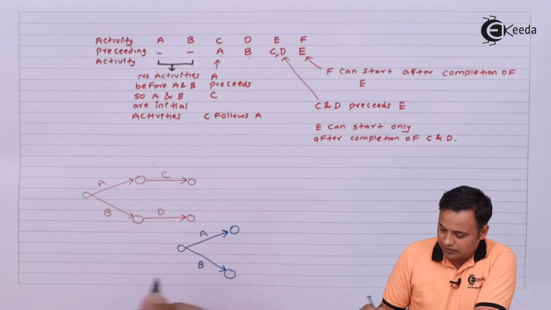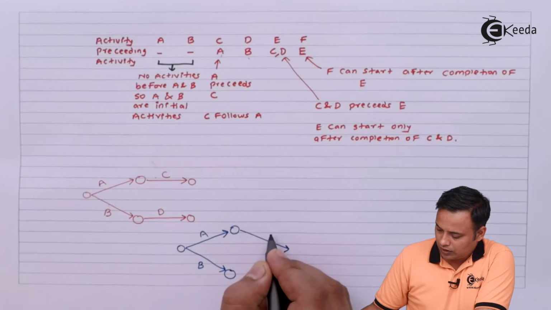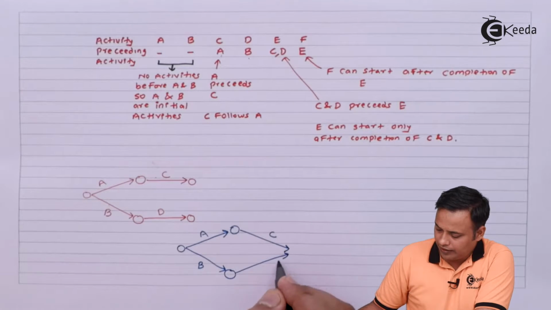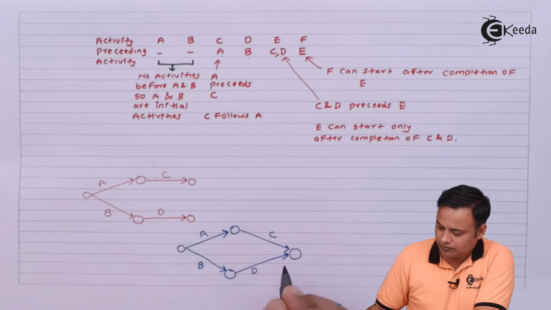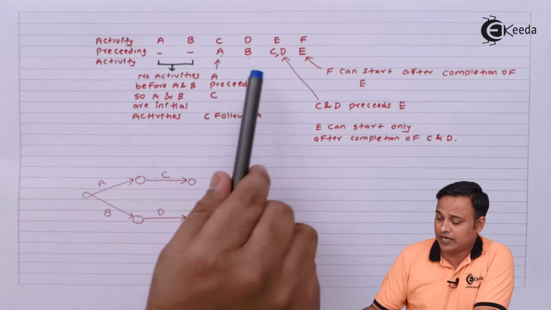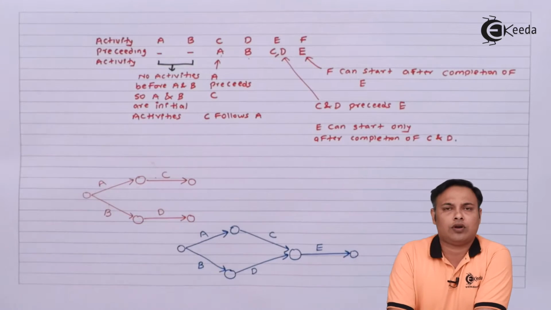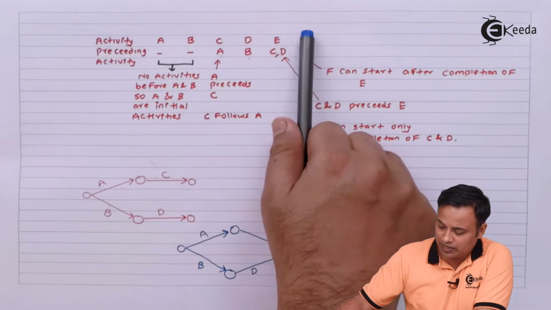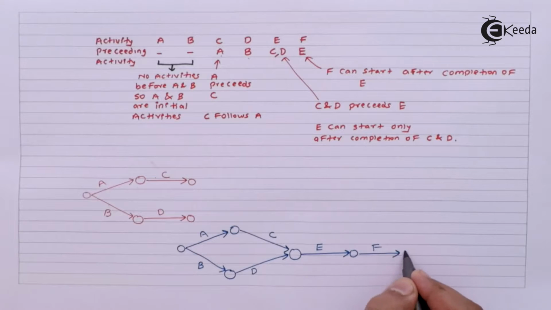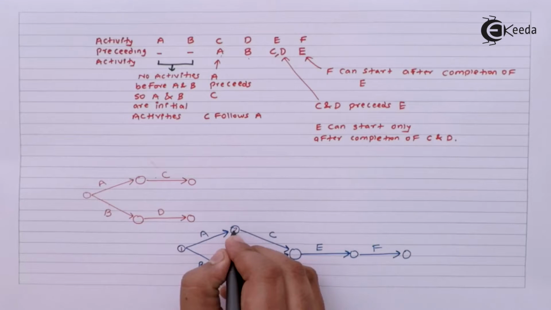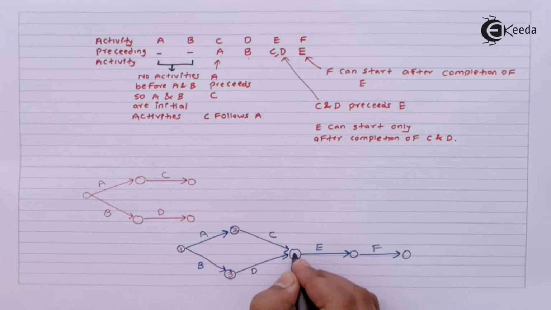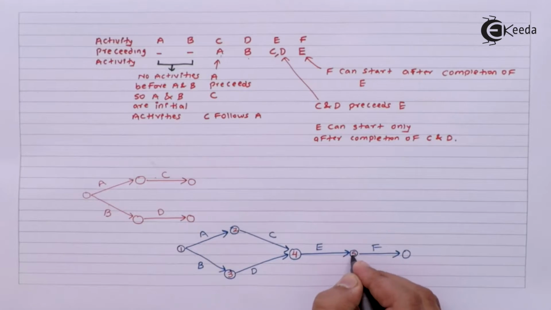A and B are my initial activities. I'll join C and D as required, and after completion of C and D I will draw E. Only after completion of E can I start with F. After E comes our F. I'll put down the numbers 1, 2, 3, 4, 5 and 6.